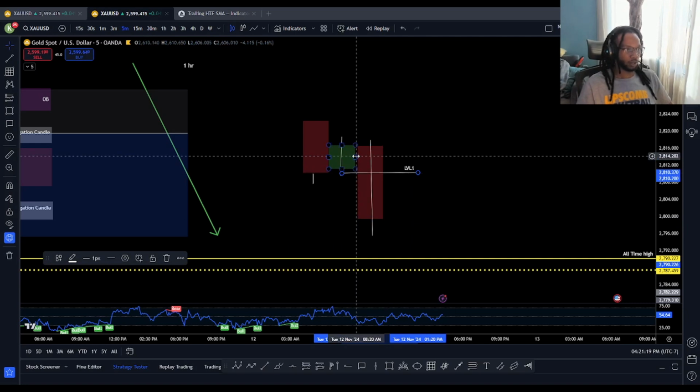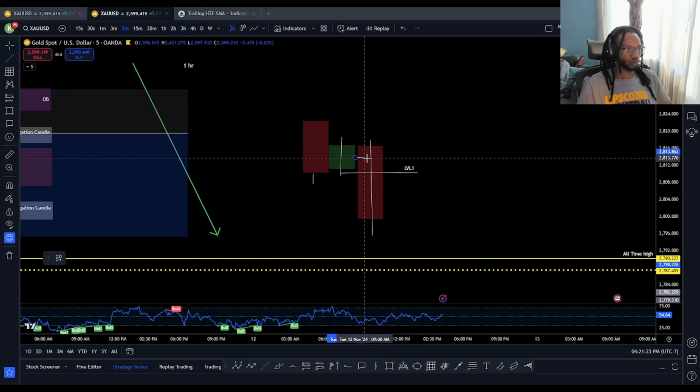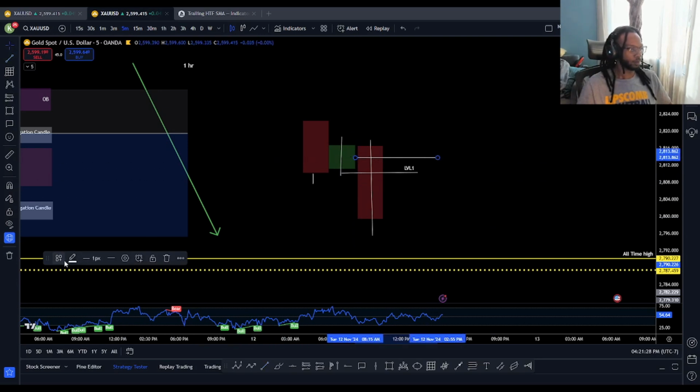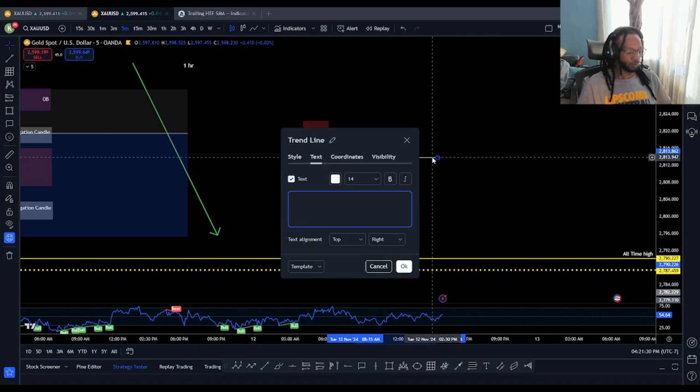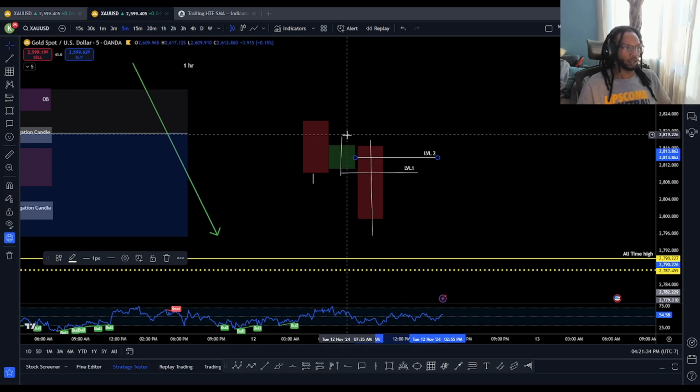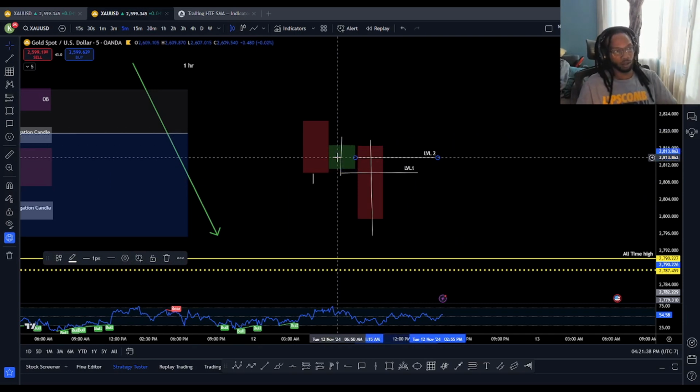The body itself, 50% of the body is level two. And then these wicks up here, the top part of the wicks, is level three.